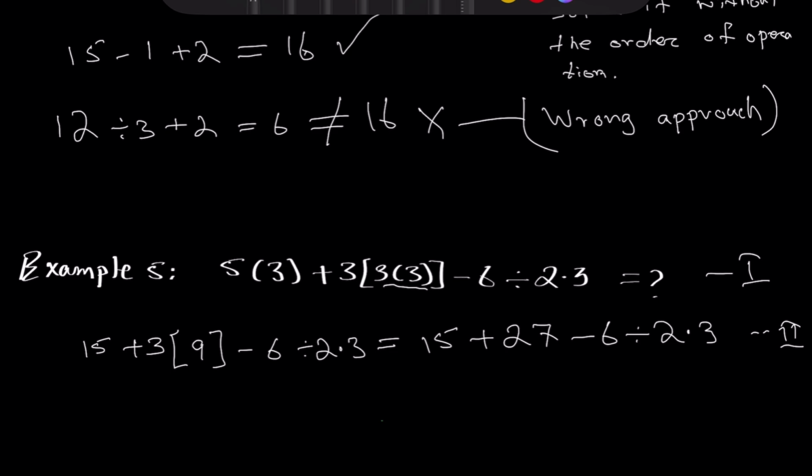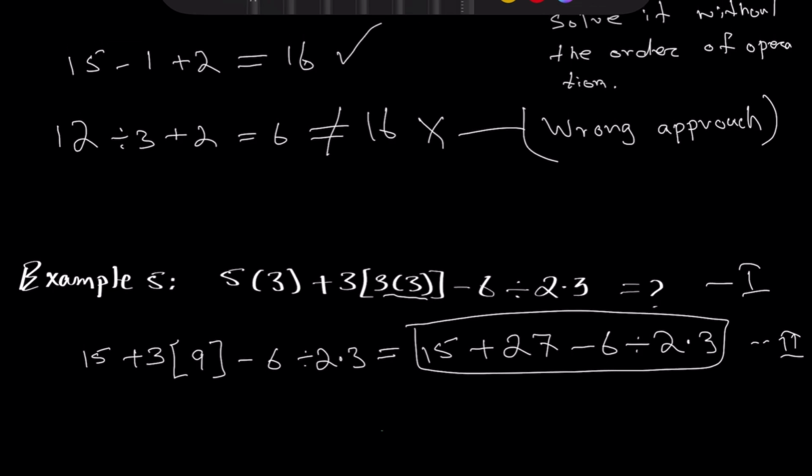If you have parentheses, you have to take care of the parentheses first. Then you make your simplified equation, equation 2. Then you find out what operation to do first. In this particular case, you do multiplication first. So this will become 15 plus 27 minus 6 divided by 2 times 3 is 6.